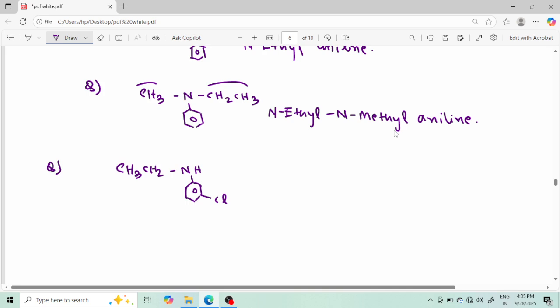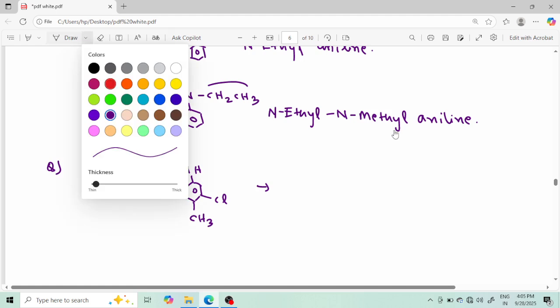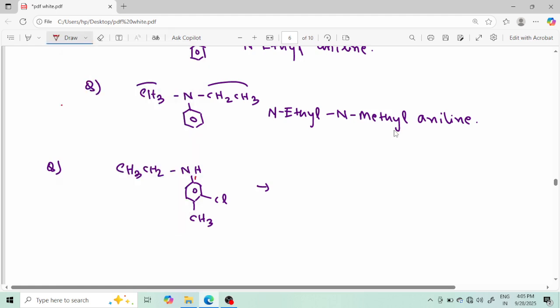Here two side chains are there, right? Since I am using this special naming, I have to start numbering from the starting carbon, this one, 1, 2, 3 and 4. I know that this is my chloro, C, this is methyl, M, then this is my ethyl, E.